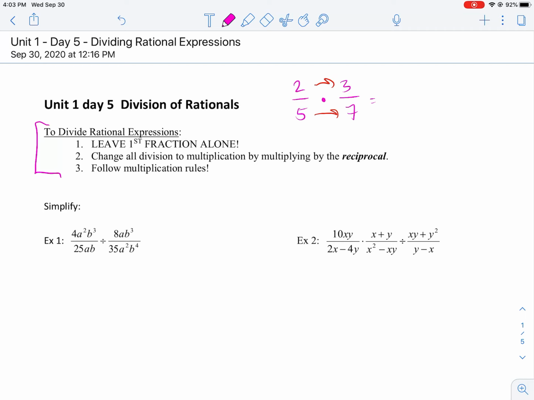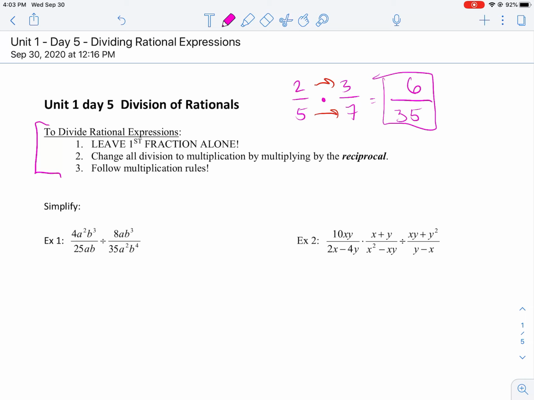So in this case, 2 times 3 is 6, and 5 times 7 is 35. Okay, and this can't be simplified, so we're done.